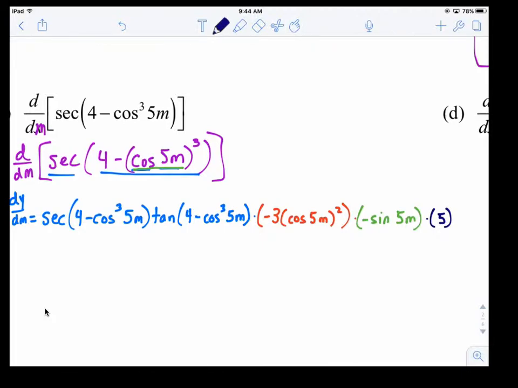So the derivative of secant is here in blue. Derivative of 4 minus cosine 5m cubed is here in red. Derivative of cosine of 5m is here in green. And derivative of 5m is here in dark blue. You keep the angle the same.